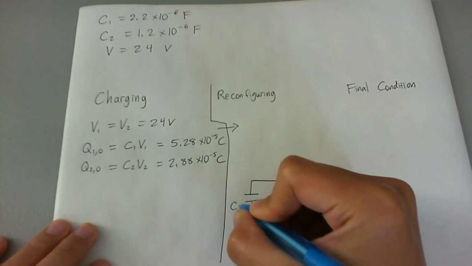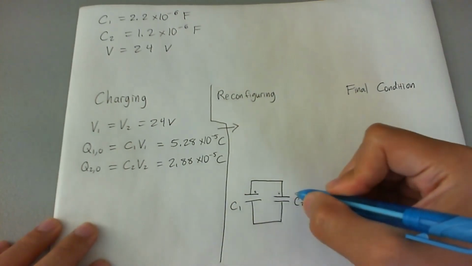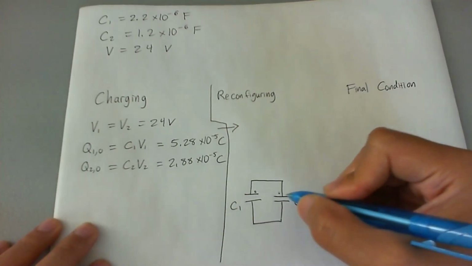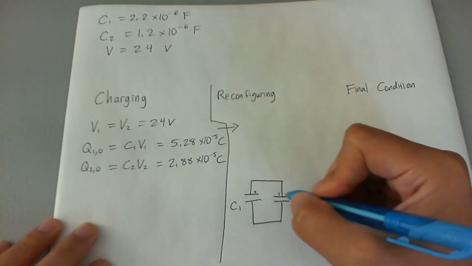So that means, for capacitor 1 and capacitor 2, the charge here is not going to be the same as the charge there. Because of the difference in capacitance, the charge here might be bigger than the charge there, or vice versa.